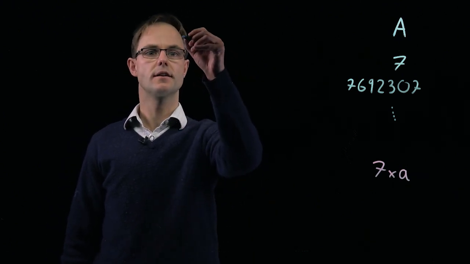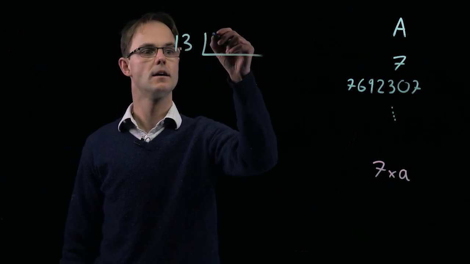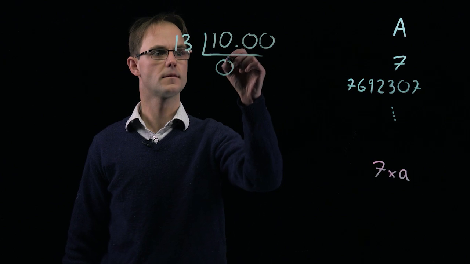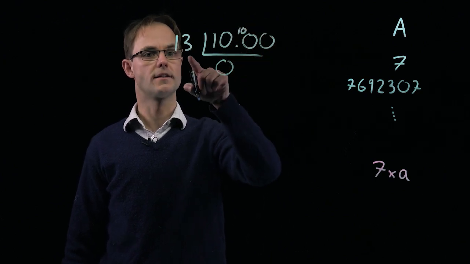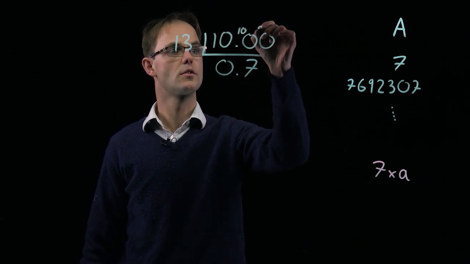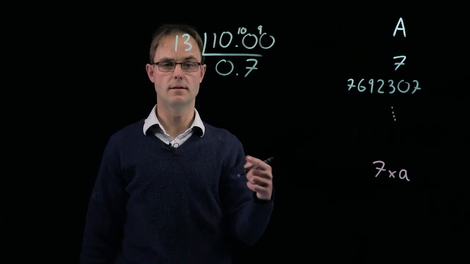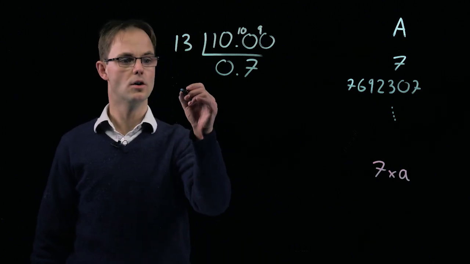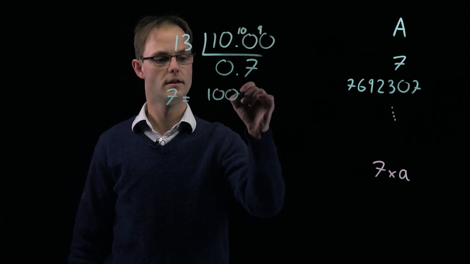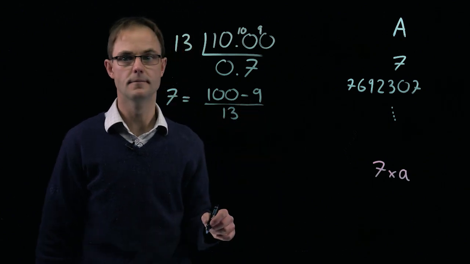So the original 7, we got that when we were dividing 10 by 13. We had that 13 into 100 goes 7, remainder 9. 100 is 9 more than 13 times 7, or put another way, 7 is 100 minus 9 over 13.